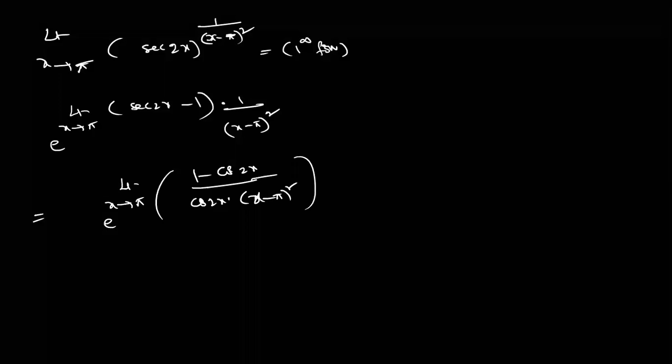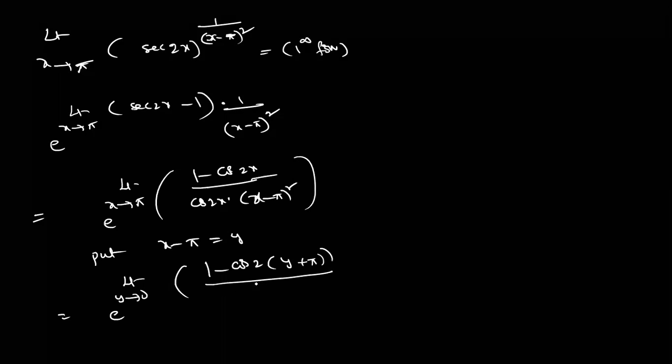Put x minus pi equal to y, then e power limit y tends to 0, since x tends to pi means y tends to 0, (1 minus cos 2 into (y plus pi)) by (cos 2 into (y plus pi)) into y square.